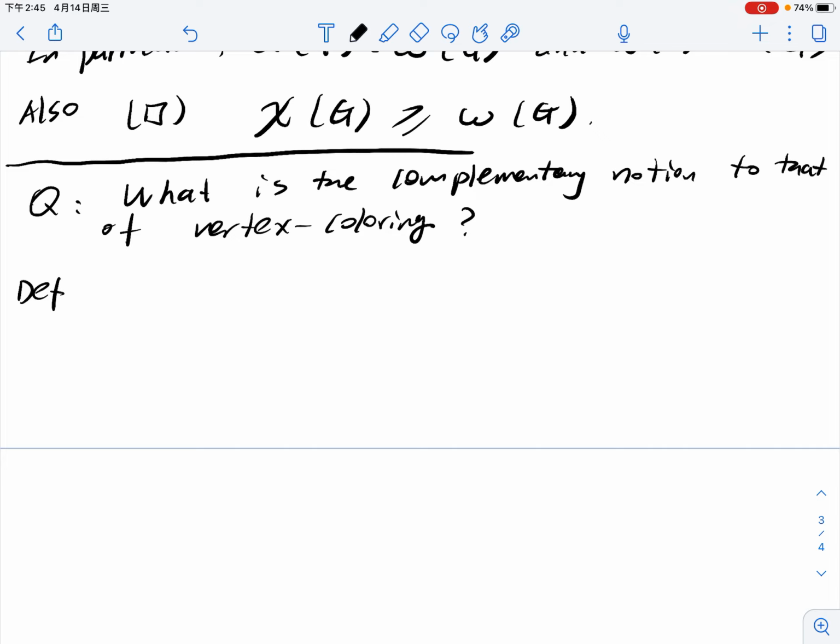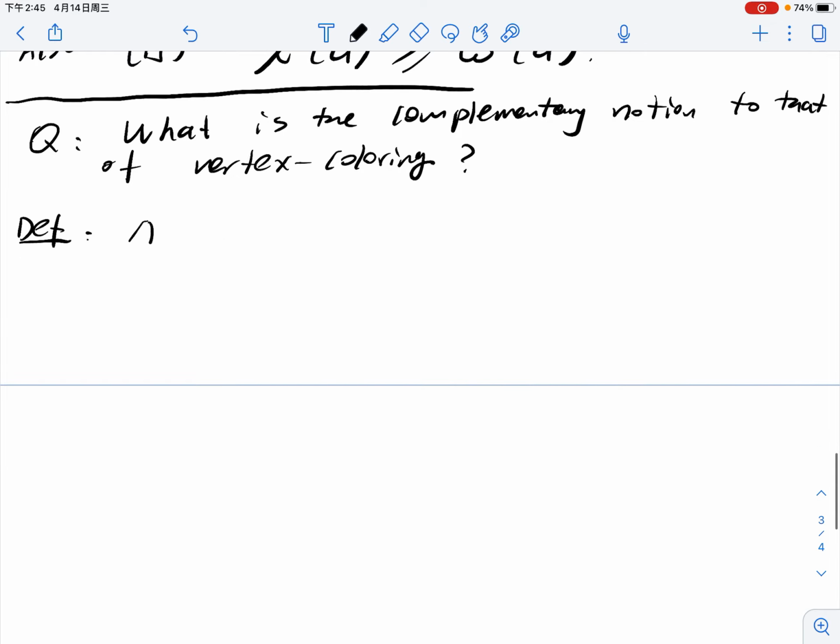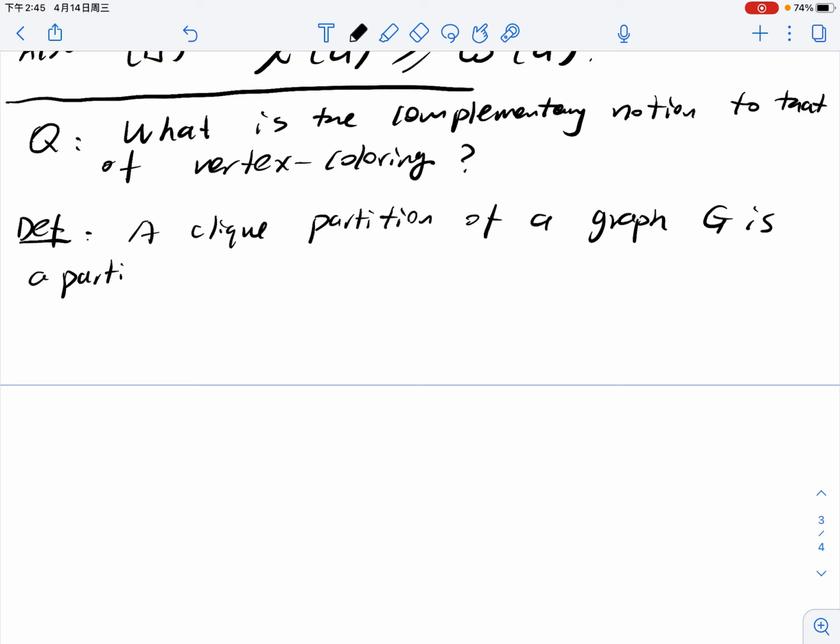So the definition: a clique partition of a graph G is a partition of its vertices into cliques.